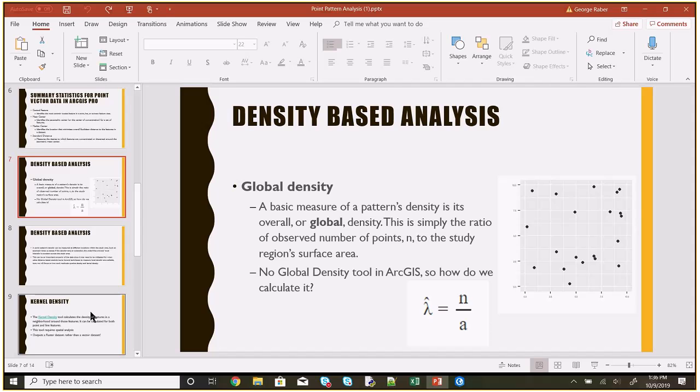We can also calculate the global density of a study area, and sometimes it's interesting to compare the global density of something occurring to the local density of something occurring. When I say global, I don't mean all over the world. I mean all over an entire study area.